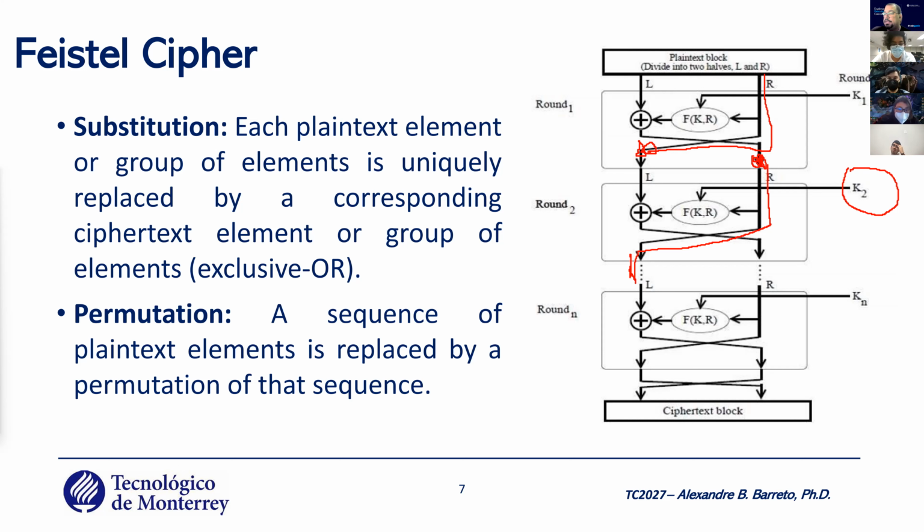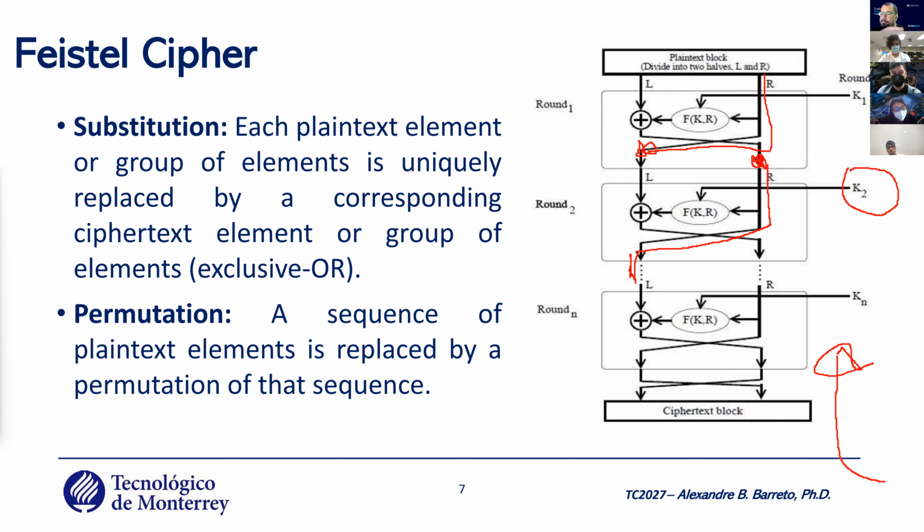Again, the Feistel is only a theoretical idea that a lot of algorithms use to work. And why does the Feistel work? Because when you decipher the message, you follow the same model, sorry, in the opposite direction.